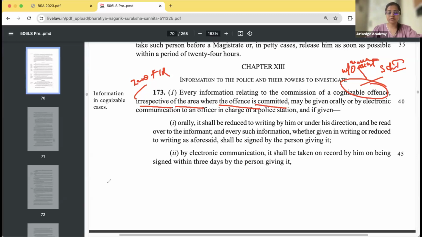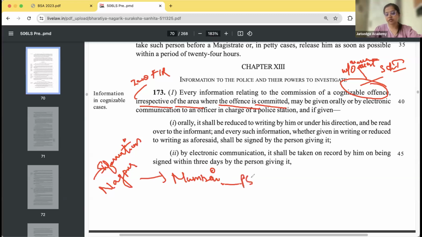If a person goes to the police station with some information of an offense, that the offense is committed in Nagpur, and the person is going to Mumbai, filing the FIR there, the Mumbai police station cannot refuse to lodge the FIR now after 2023.